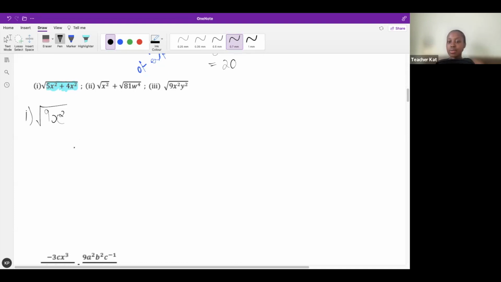Do you guys think we're done with solving the sum? No. Can we solve the square root of variables? Is it possible to find the square root of a variable? Yes. Does anybody know how we do that?